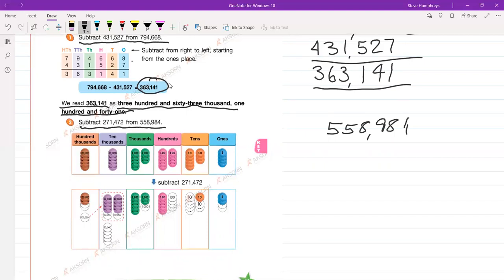558,984. Sorry about my writing, it's not really good. Okay. 271,472.